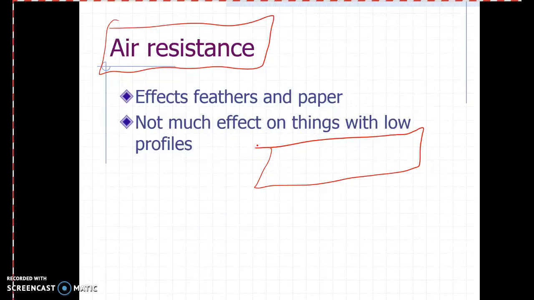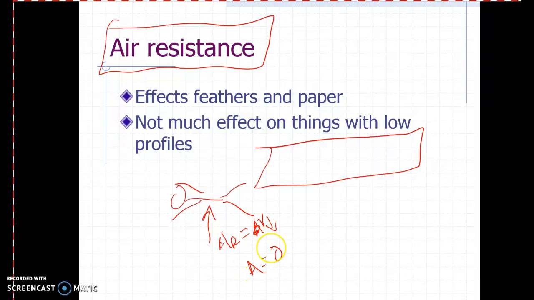And eventually they'll hit a maximum velocity where, like, when I jumped out of a plane, I'm flying. There we go. Once the amount of air resistance going up equaled my acceleration going down, my acceleration equaled 0.